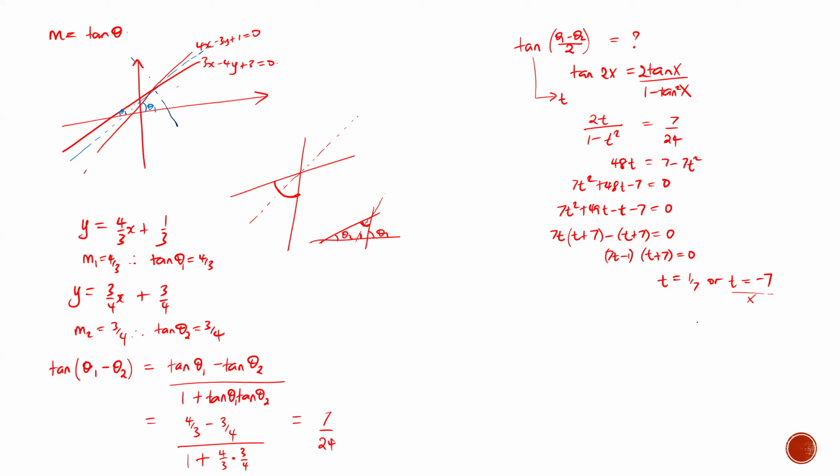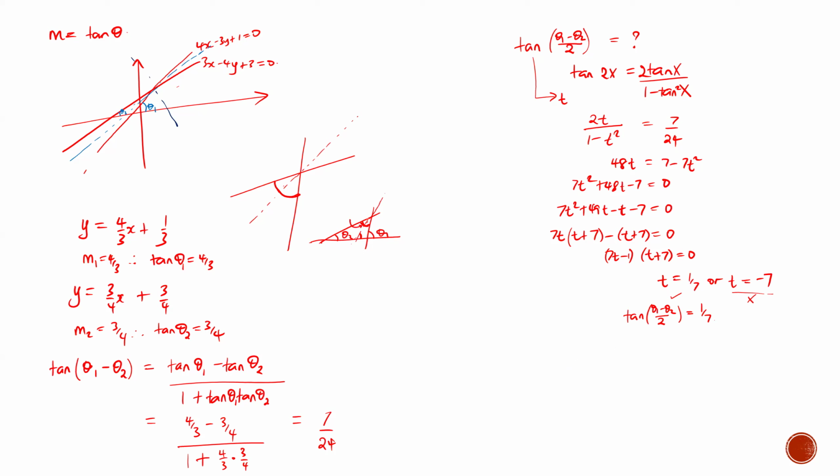So we are not looking at this case, we're actually looking at that case when t is 1 over 7. And so when t is 1 over 7, that means tan of theta 1 minus theta 2 over 2 is 1 over 7.